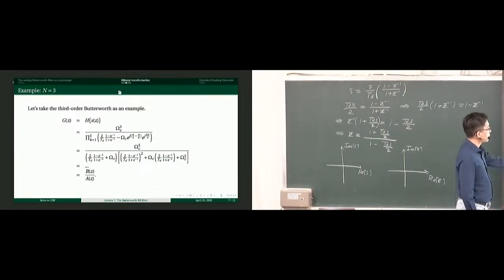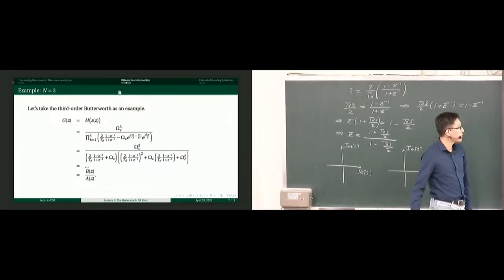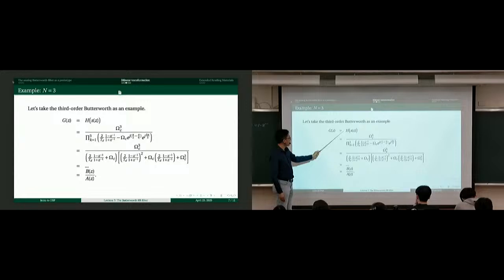Here I want to go a few steps further using the third order Butterworth as an example. If we really do this substitution, H(s) is known, right? Whenever you see an s, here is where s appears. Replace it with s of z.